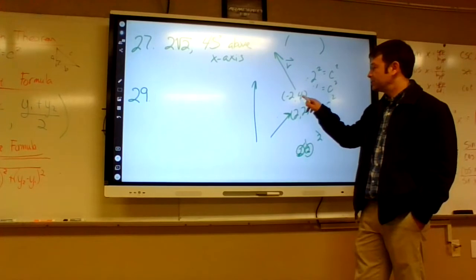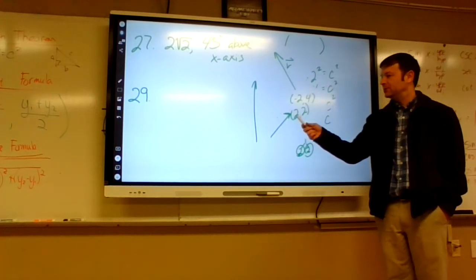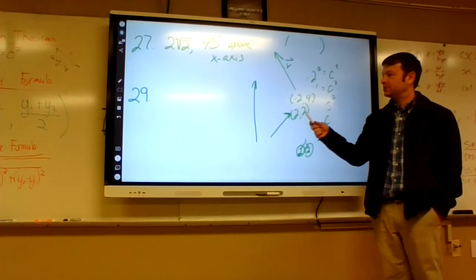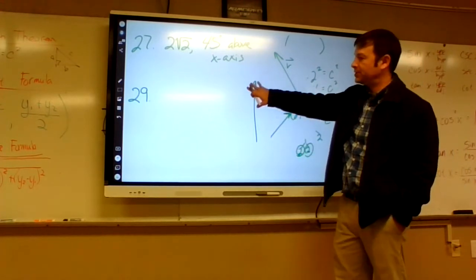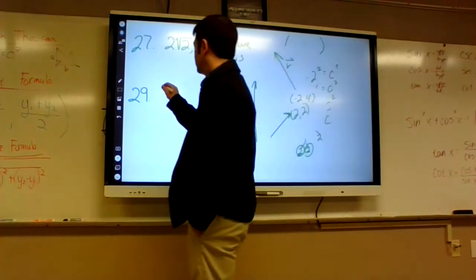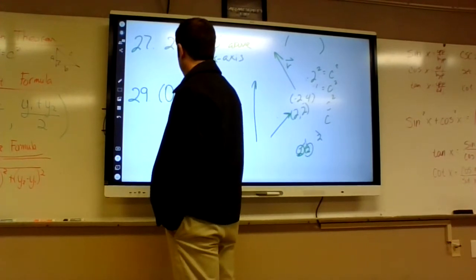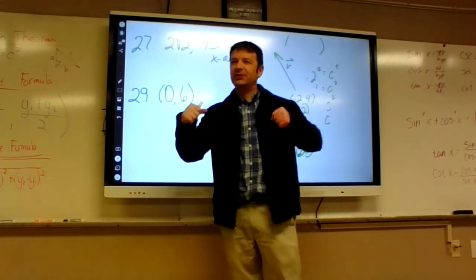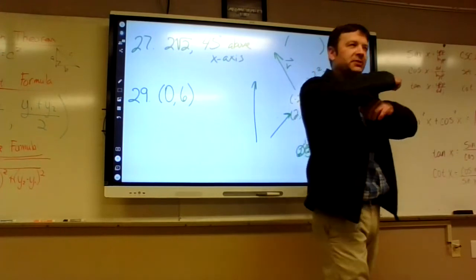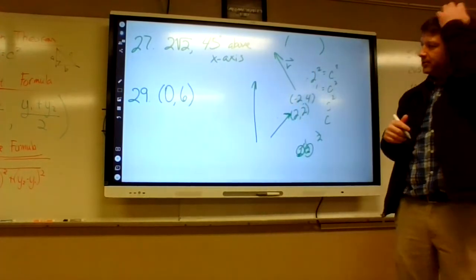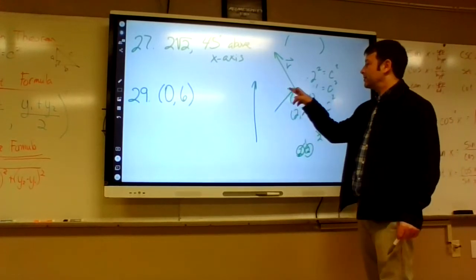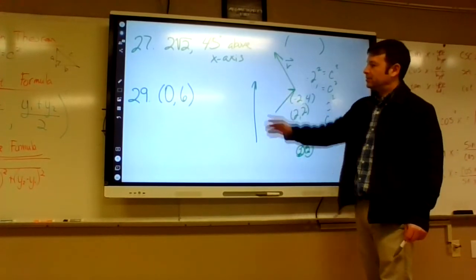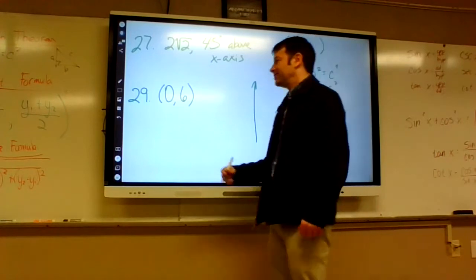So what's negative 2 plus 2? 0. What's 4 plus 2? 6. So the vector they create together would be 0, 6. It's kind of like their forces in the x direction cancel out, because it's going left and right, but their forces in the upward direction get added together to go up 6.